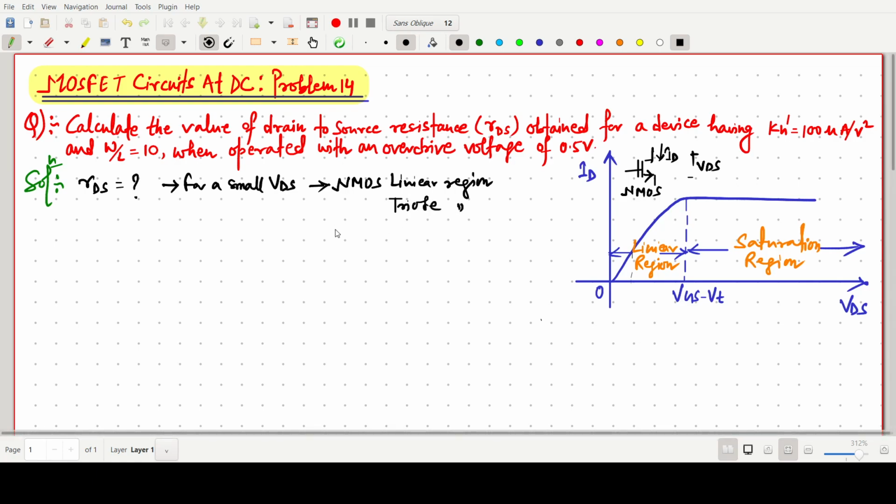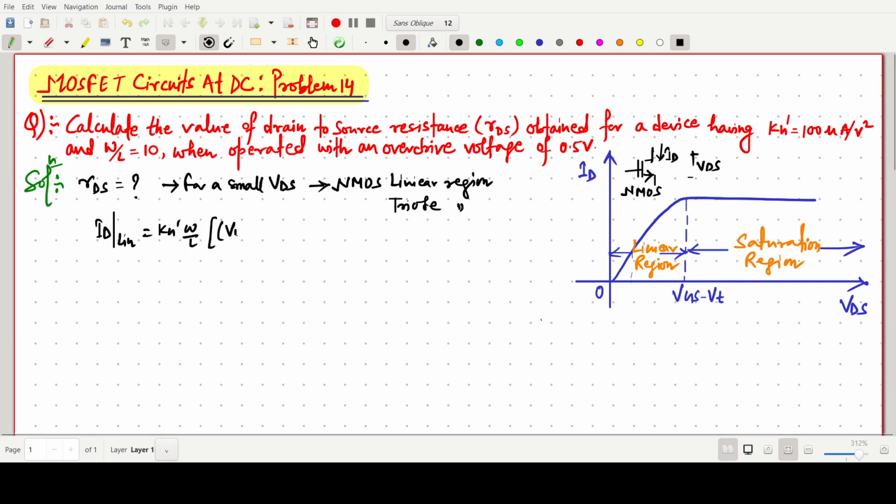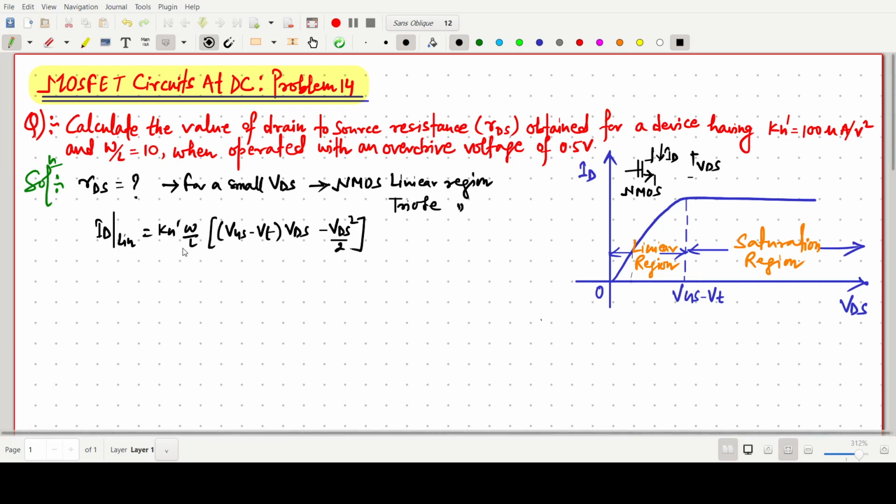In this case, the drain current equation in the linear region is generally written as K'n W by L in bracket VGS minus VT into VDS minus VDS square by 2. Now, for the calculation of RDS, this VDS will be really very small.